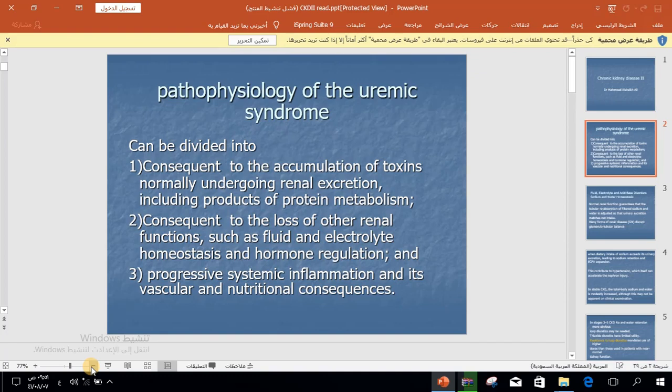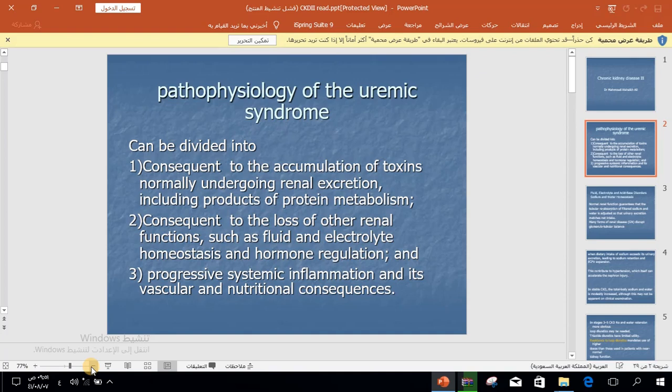Pathophysiology of the manifestation of CKD, and the top of the list is uremic syndrome. Uremic syndrome usually occurs due to accumulation of toxins, which are usually excreted by normal kidneys, but when the kidney fails, these protein metabolism products are toxic and they accumulate.